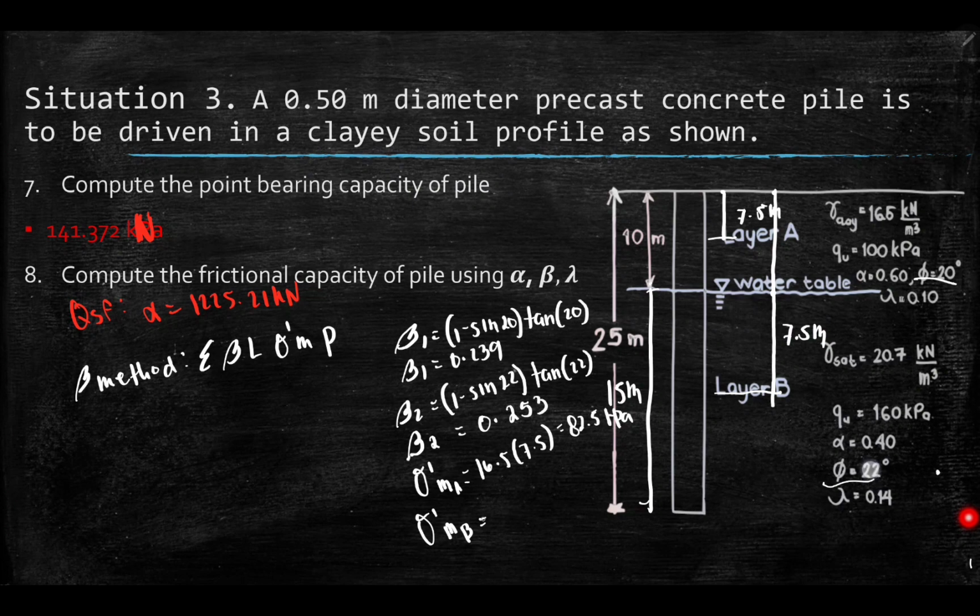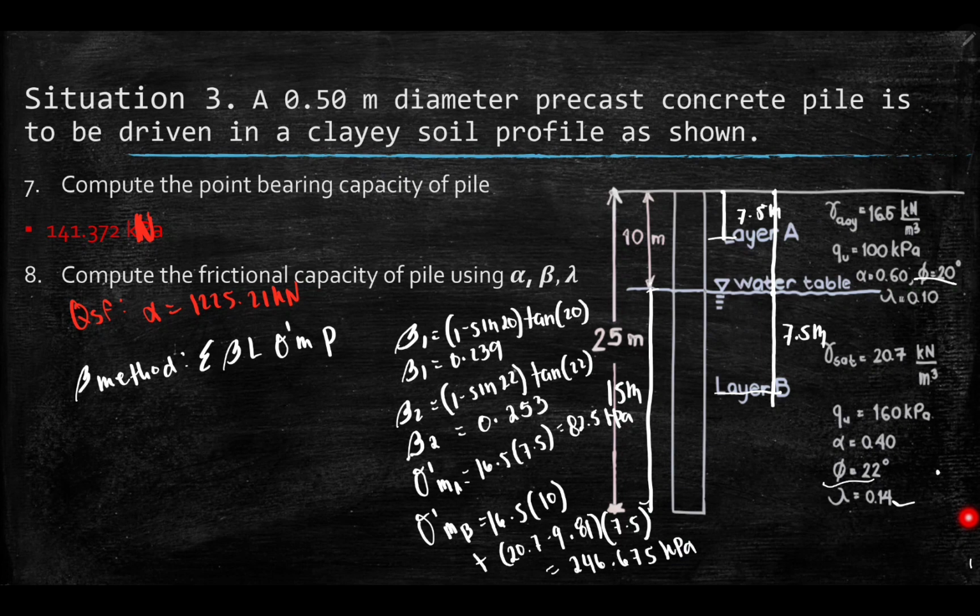Therefore, from the top layer, 16.5, ito, sa layer A times 10, plus, since saturated yan, ang kailangan natin is effective unit weight, 20.7 minus 9.81 times yung kalahati niya na kalahati ng 15, so 7.5. Ang sigma prime MB natin, or considering layer B, is equal to 246.675 kilopascal. Okay, kompleto na tayo.